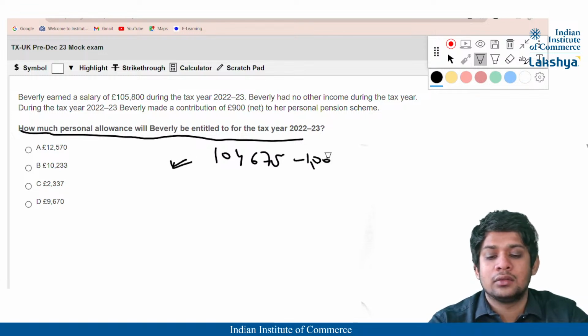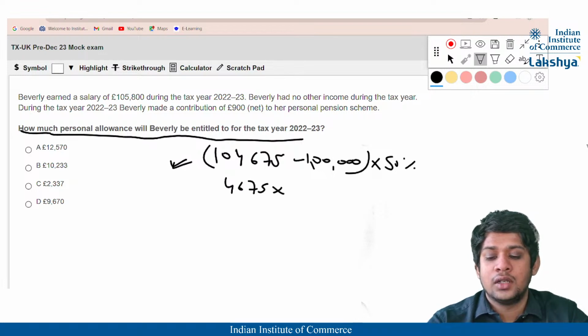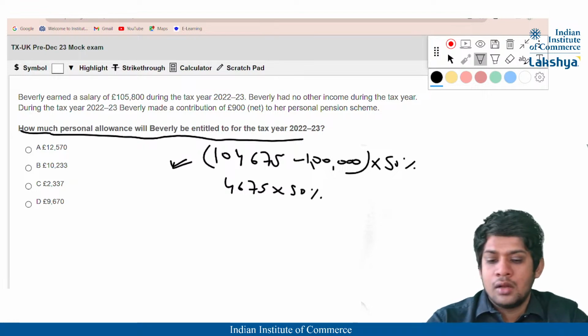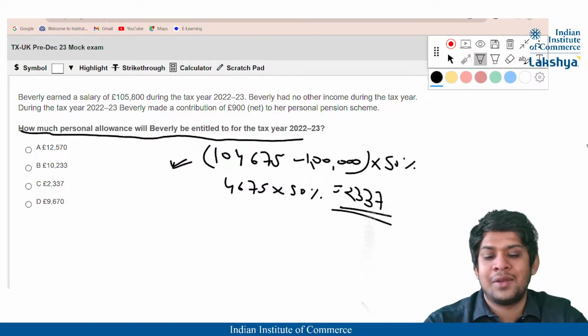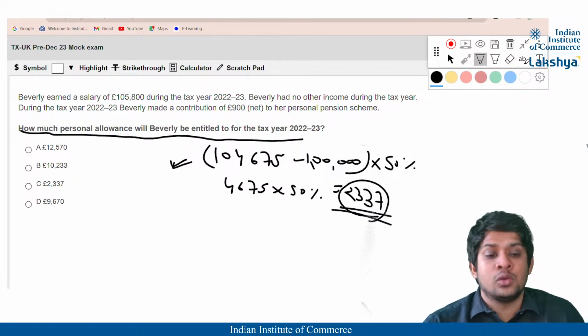So minus 100,000, into 50%: 4,675 into 50% is 2,337.5, but I'm taking it as 2,337. So this much of her personal allowance will reduce.